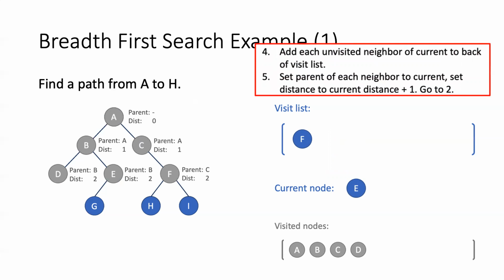G. So now we'll put G onto the visit list, and we'll update its routing information to go through E. It's going to have distance 3 because it is now 3 hops away from the start. Three edge transitions from the start.